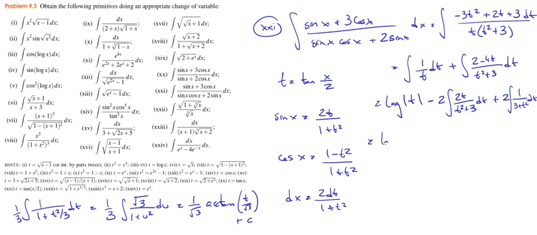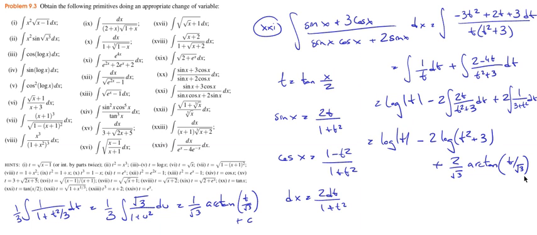So this is going to be the logarithm of the absolute value of t minus 2 times the logarithm of t squared plus 3 plus 2 divided by the square root of 3 of the arctangent of t divided by the square root of 3. Okay, and then you can undo this change of variables.